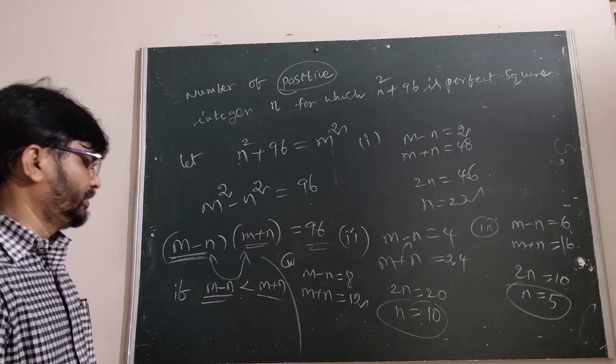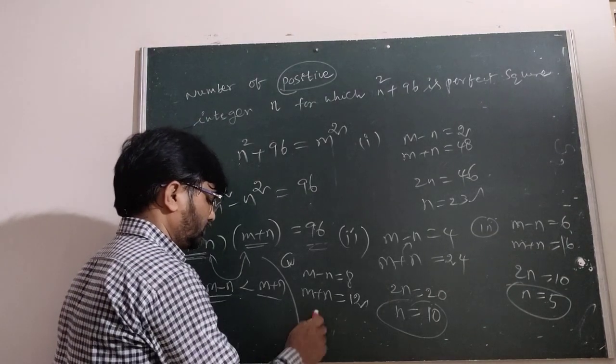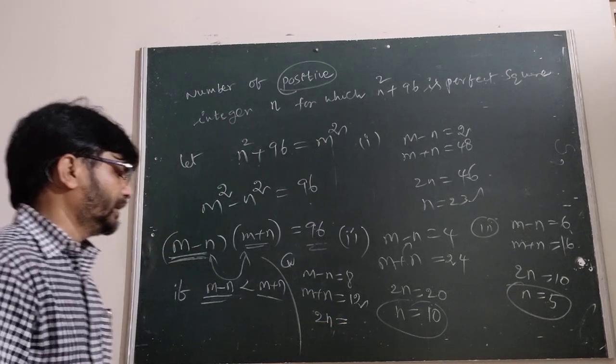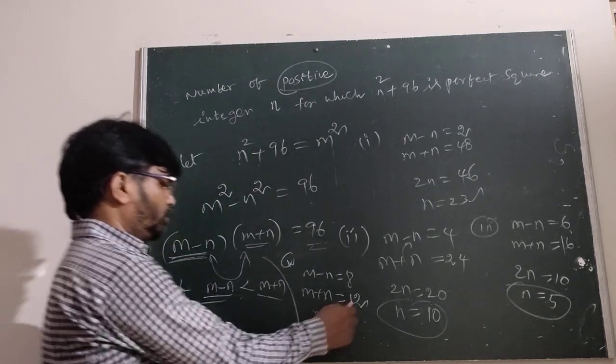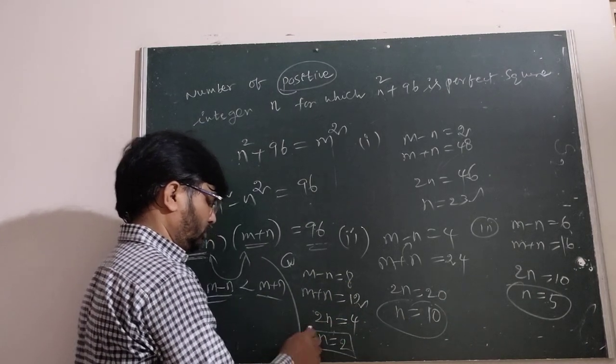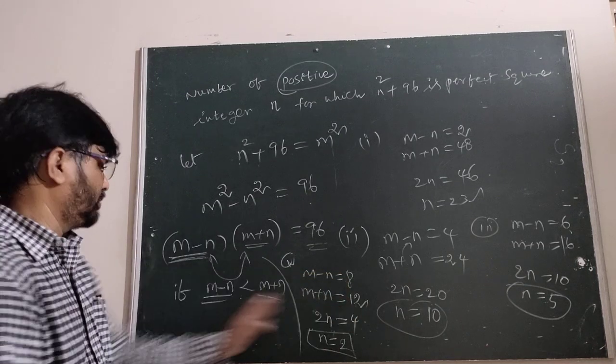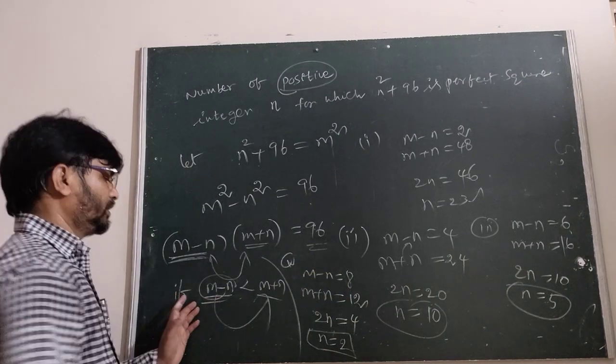Therefore now we are getting 2n is 12 minus 8, which is 4, n equals 2. That is enough. After that you are getting m plus n, but m minus n must be less than m plus n.